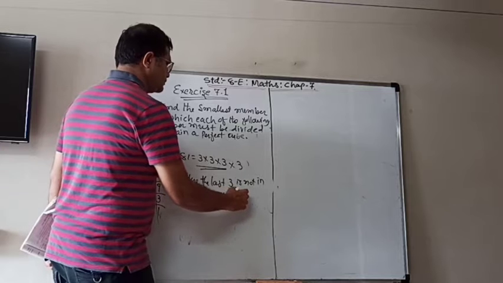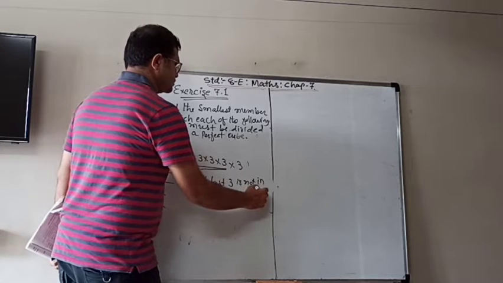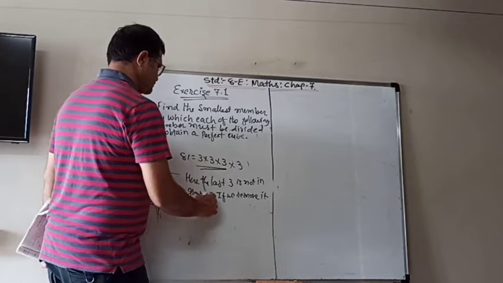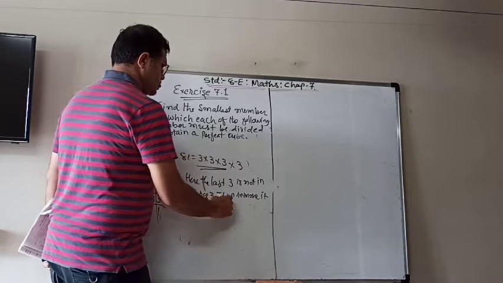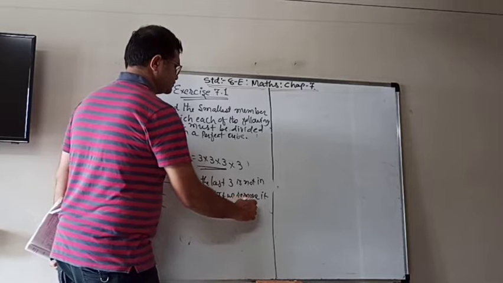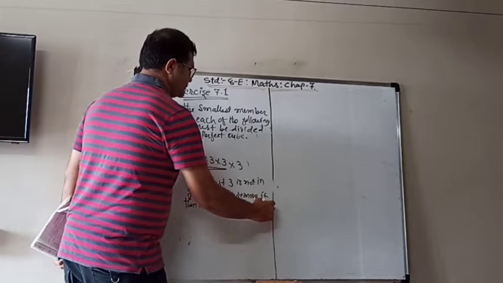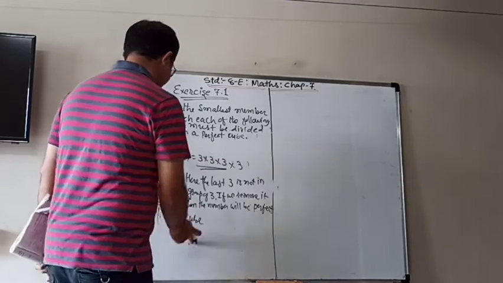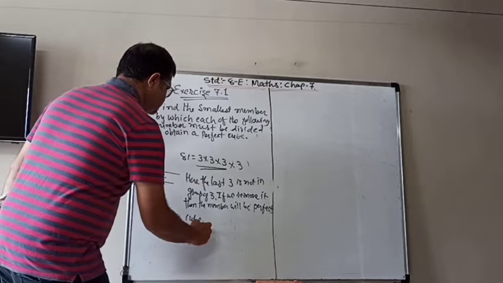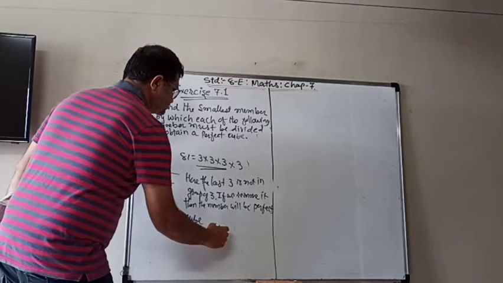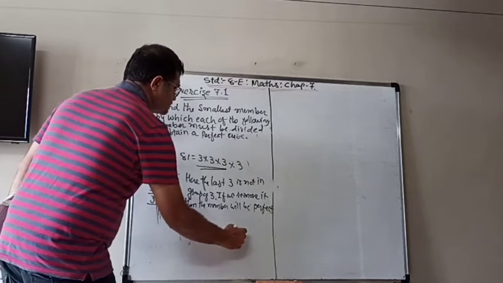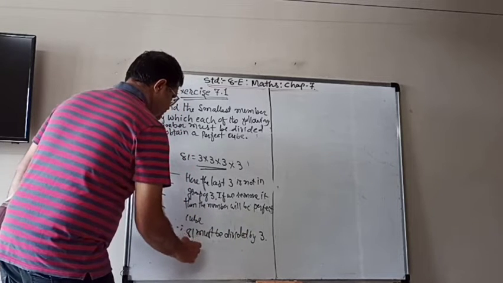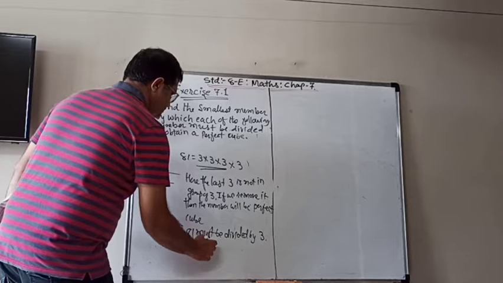If we remove it, then the number will be a perfect cube. Therefore 81 must be divided by 3 to obtain a perfect cube.